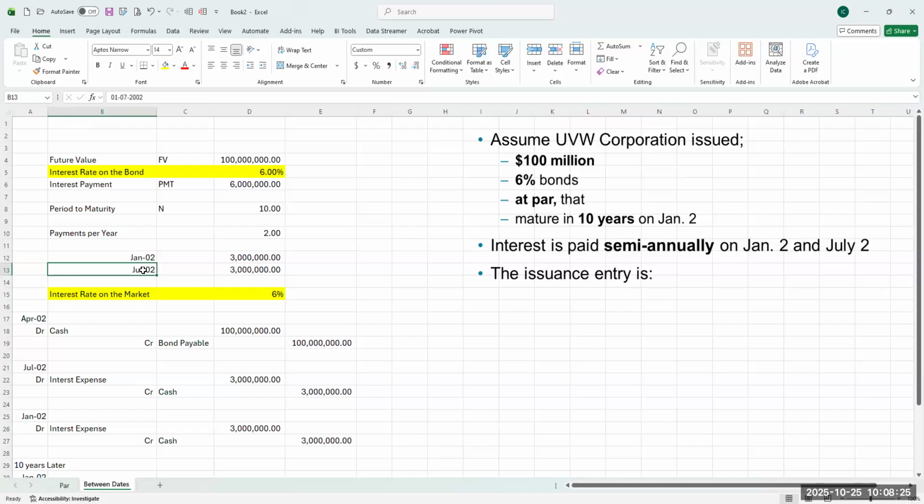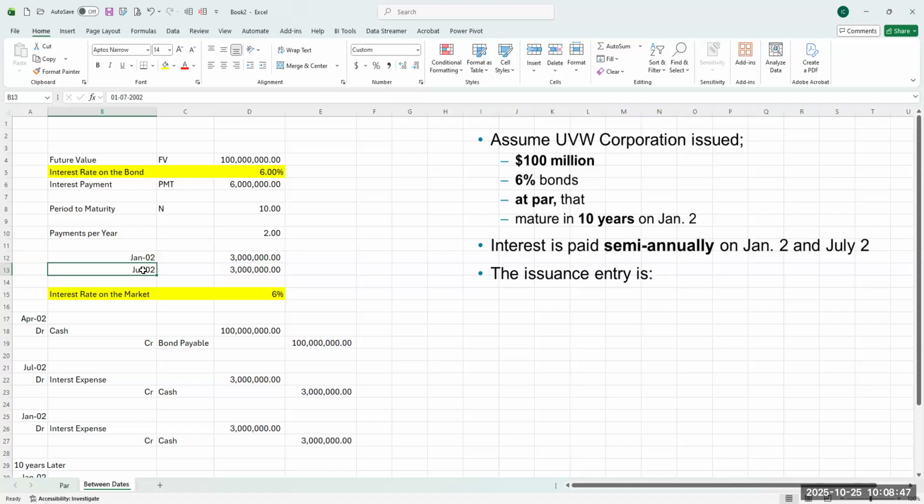The fact that I'm issuing the bonds on April 2nd doesn't change the fact that I have to pay the interest on July 2nd and January 2nd. I cannot change the interest payment dates. It's already set up. It's a contract. It's a fixed date.